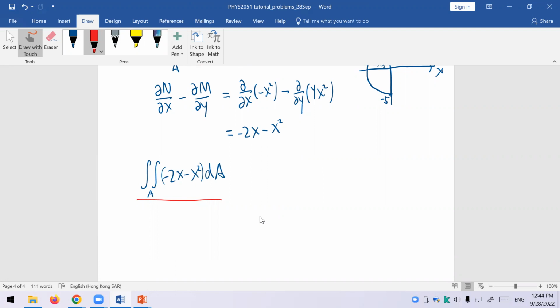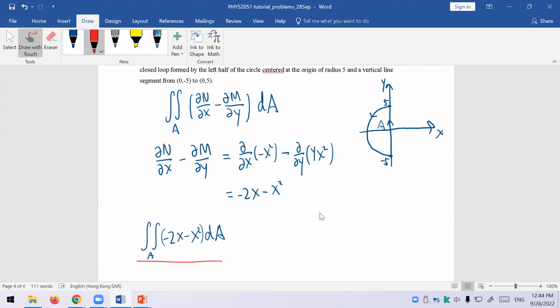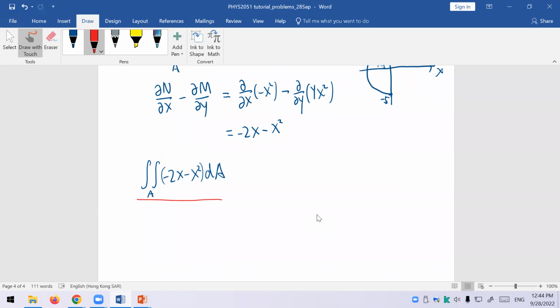So now I'm purely considering a double integral problem for this function. And because I'm integrating over a semicircular region, we expect it would be easiest to use polar coordinates, right? So that's why I write it as a double integral in polar coordinates.